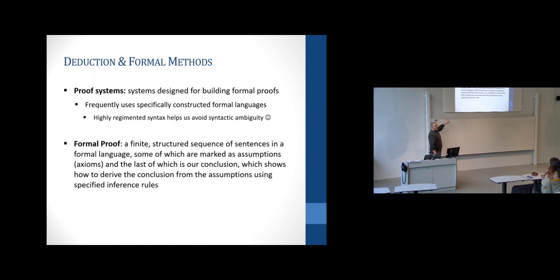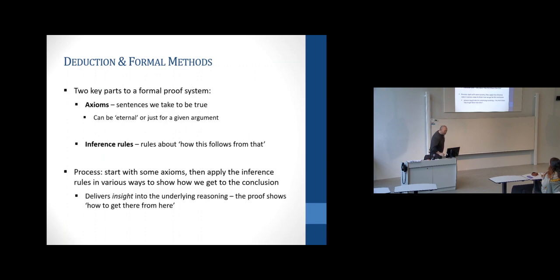That's big and ugly and hideous. I'm going to characterize a formal proof system a little bit easier. There are two key parts to a formal proof system. First part is the axioms. Where do you start? What do you take as given? These are going to be sentences expressed in your formal language, and they are taken to be true.